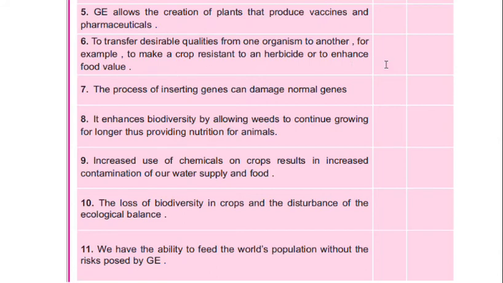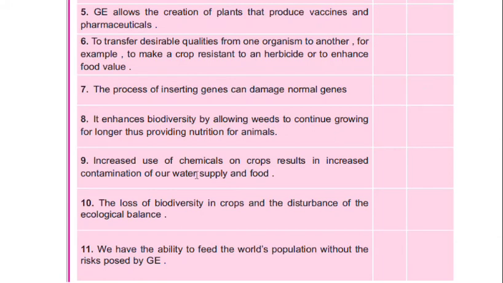7, the process of inserting genes can damage normal genes. If we transfer some genes from plant to plant or animal to animal, that can damage normal genes. This is something negative. Every damage is negative, so that is going to be against.